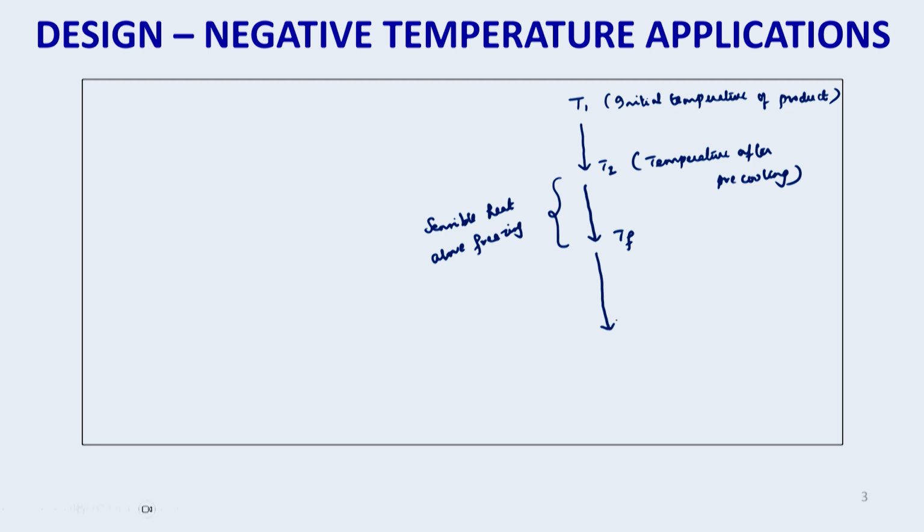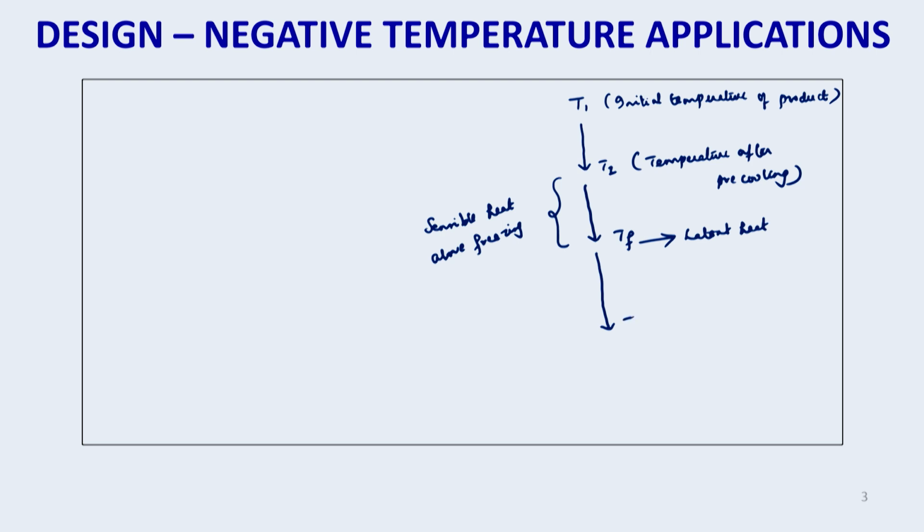So from T1 to T2, that is heat removal due to pre-cooling. Then from T2 to TF, that is sensible heat. Then at this point we have latent heat.